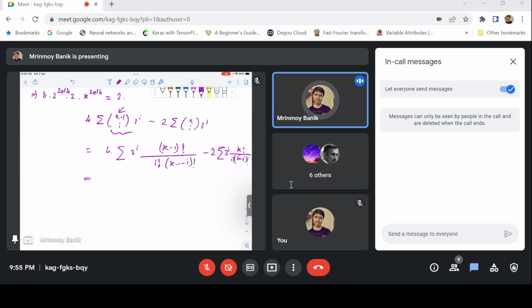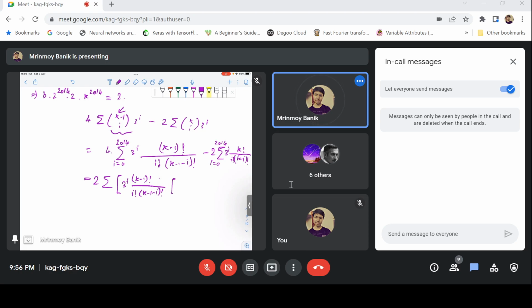Now if we try to simplify these summations over the same range, taking 2 common, the sum of 3^i, and we can take common (k minus 1)! over i! (k minus 1 minus i)!.